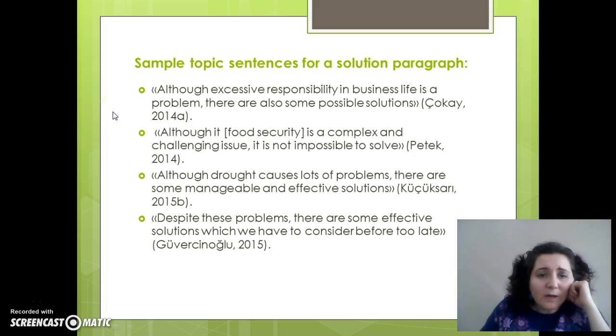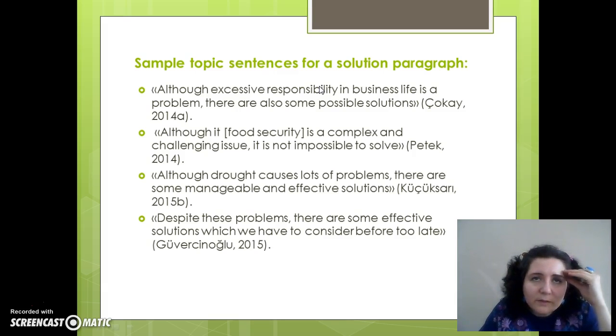So, here are some sample topic sentences for a solution paragraph. Let's take a look at them together. We have 4 different topic sentences here, but as you may see, they all refer to the previous paragraph or paragraphs.